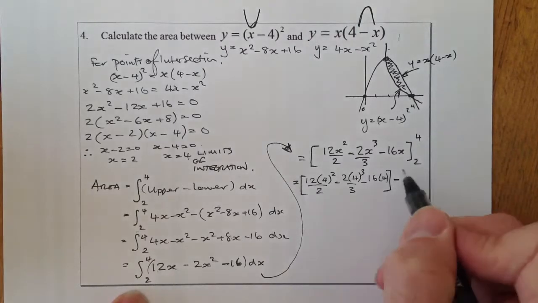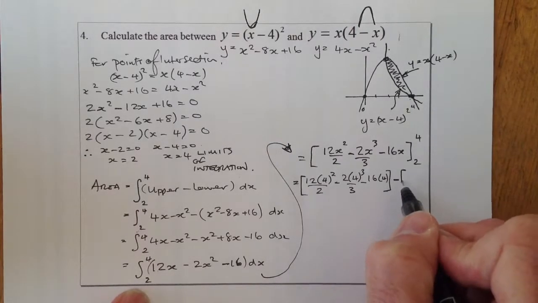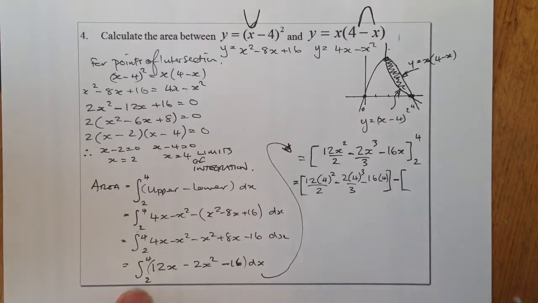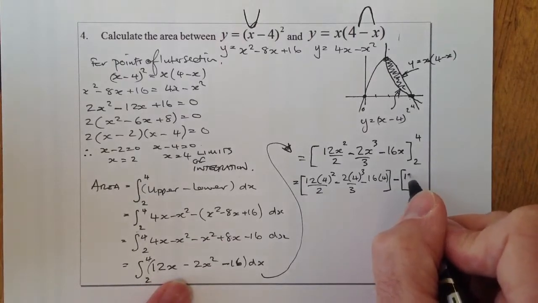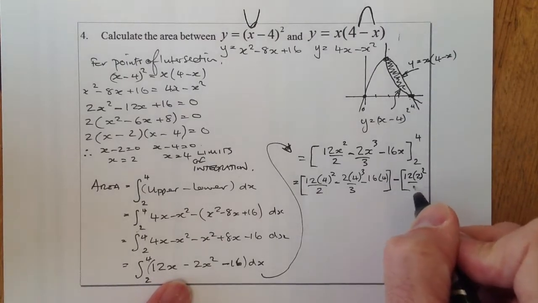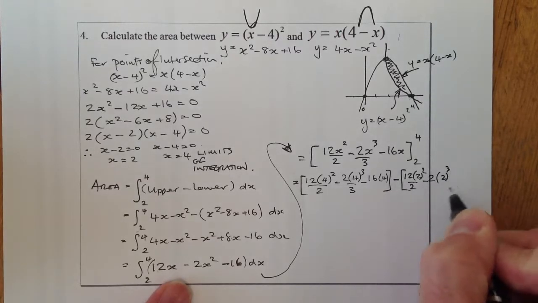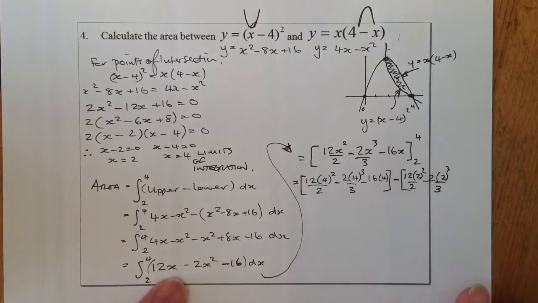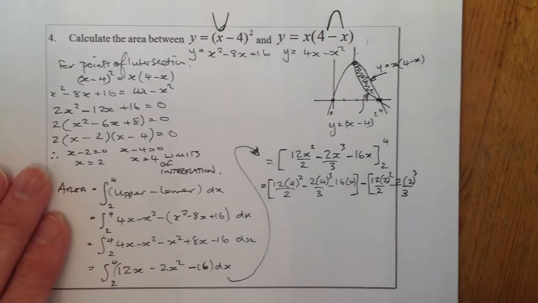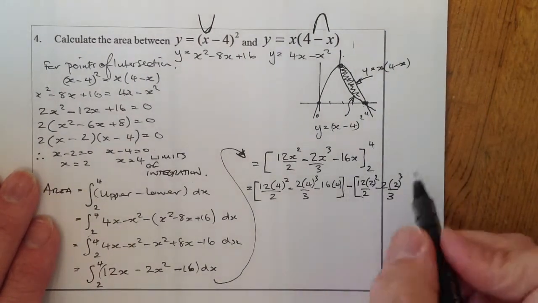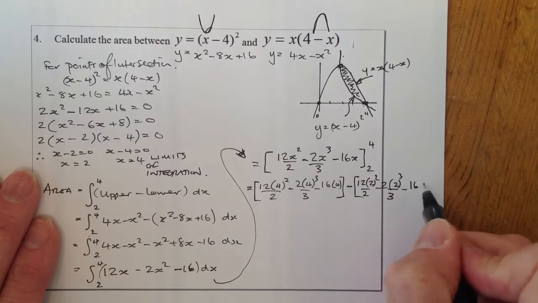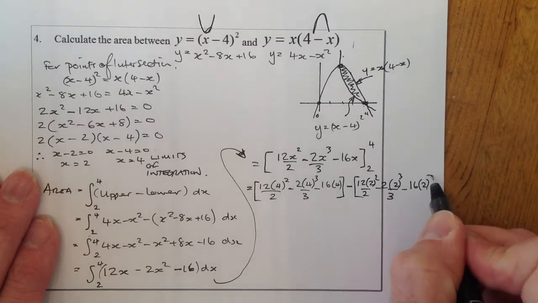It's going to go off the screen a bit, but let's go for it. So I've got 12 times 2 squared, all over 2, minus 2 times 2 cubed, all over 3, and I'll just move this over a touch. And I've got minus 16 times 2.